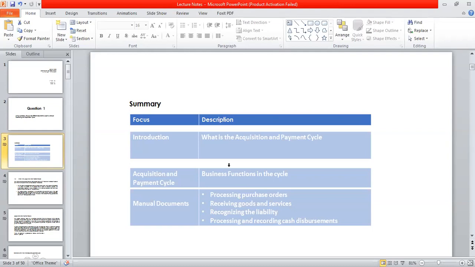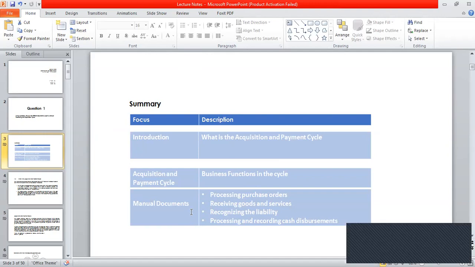The second part will be the business functions in the cycle, and the main part, the third part, which is mainly going to attend to the requirements of the question. We are going to discuss the manual documents which are involved in the acquisition and payment cycle.